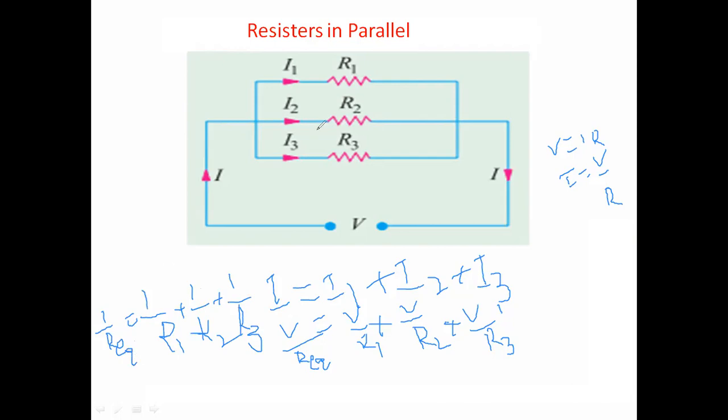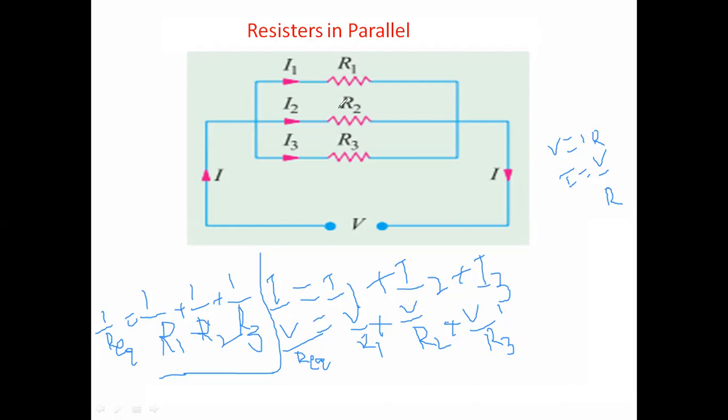In parallel connected resistors, the R equivalent will be found based upon this formula: 1 by R equivalent is equal to 1 by R1 plus 1 by R2 plus 1 by R3. Like this we will find it out.